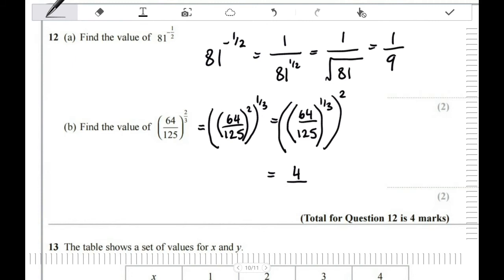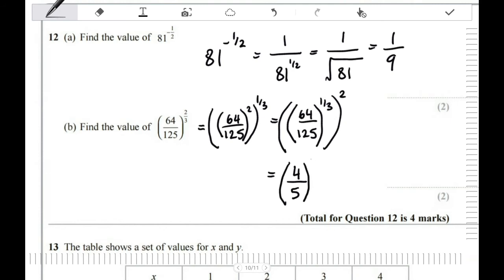Well, knowing our cube roots, this is why it's good practice to know what your cube roots are. 5 cubed is 125. 5 times 5 is 25. 5 times 25 is 125. So you end up with 4/5.